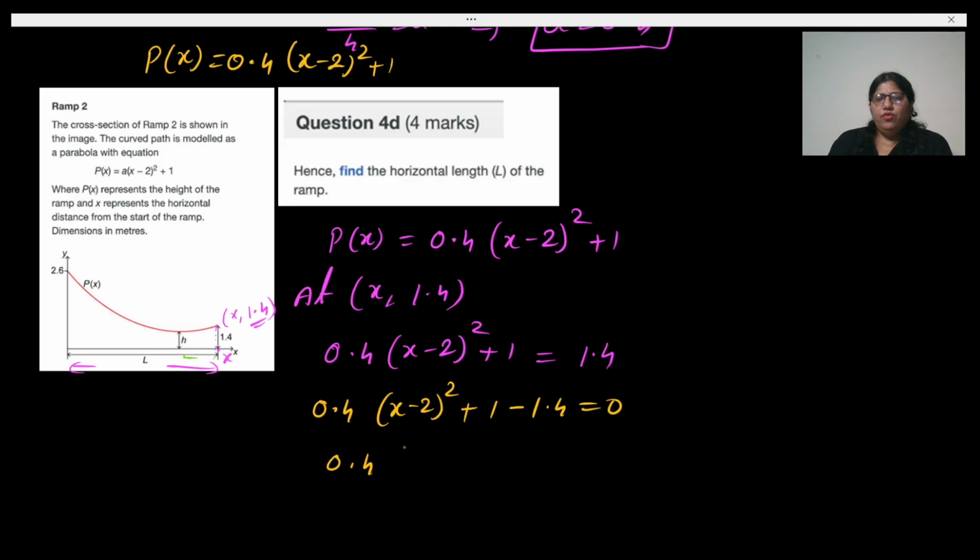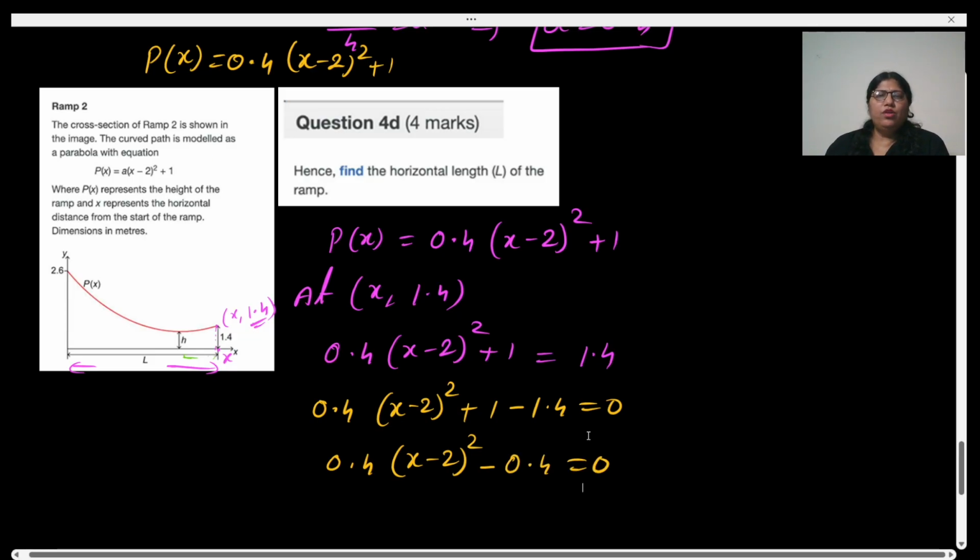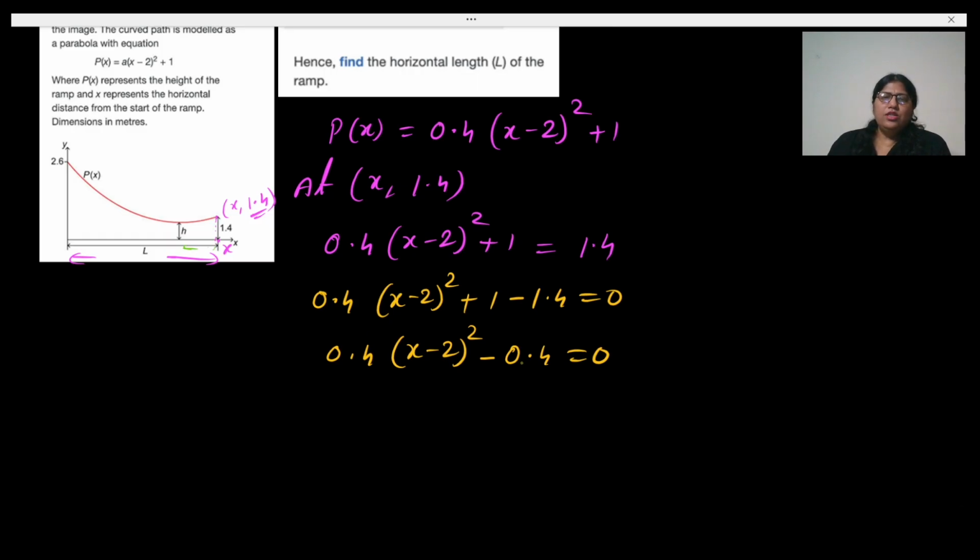So 0.4 times (x minus 2) whole squared, because you can see that you are going to get mostly a quadratic equation, and you need to use the quadratic formula or factorization. Now here, because we need to get the simplest form of the equation, 0.4 can be common. So this is (x minus 2) whole squared minus 1 equals 0.